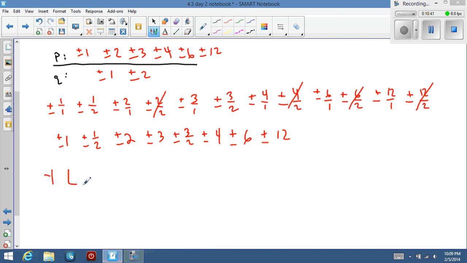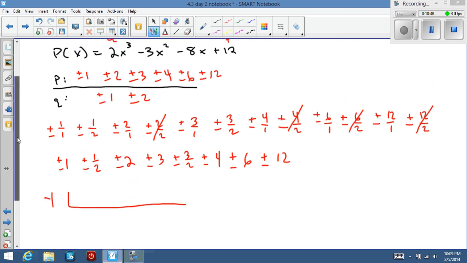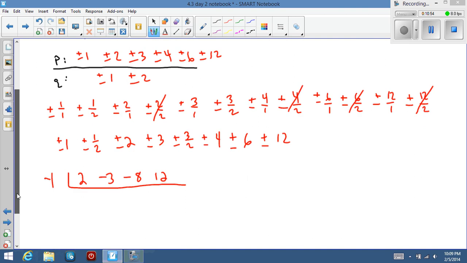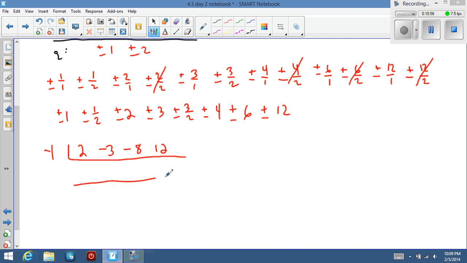So -1: if I plug in the coefficients of my polynomial, I have 2, -3, -8, and 12. I drop down the 2, I multiply and get -2. When I add, I get -5. I multiply, I get 6. When I add here, I get -2.